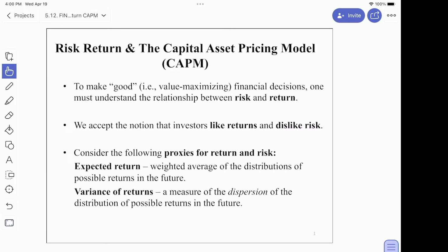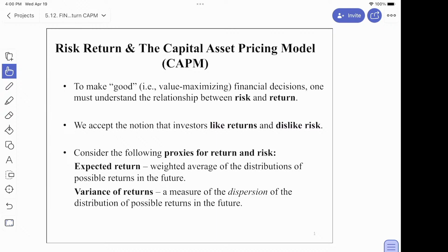Then I talked about different asset classes and introduced the idea of a risk-free rate in the T-bill as compared to other returns, and talked about the risk premium, that little bit that investors need to be hopeful of in terms of return to be incentivized to take on greater risk.